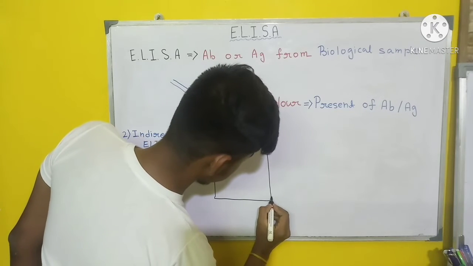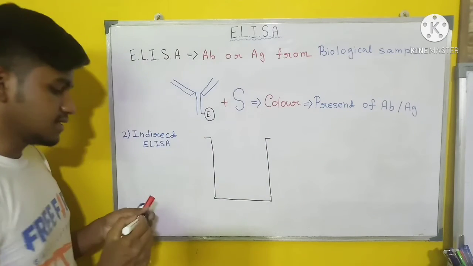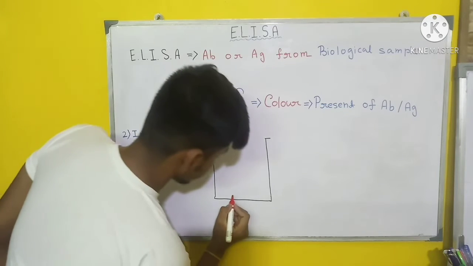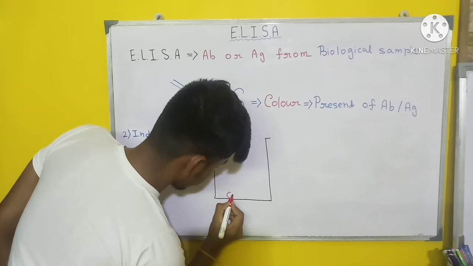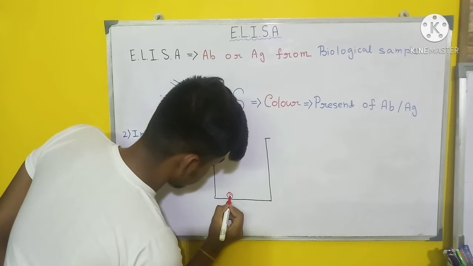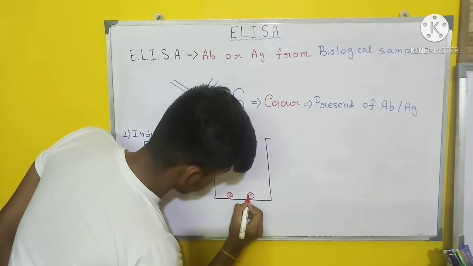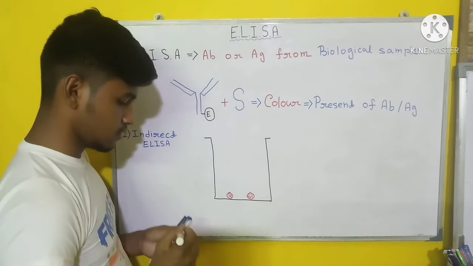Suppose it is a well, and in this case the surface of this well is coated with antigen.